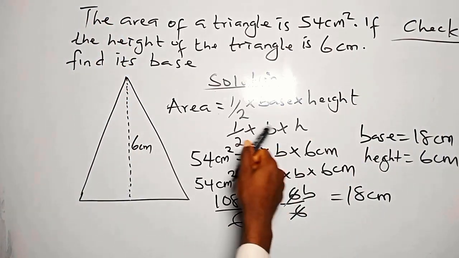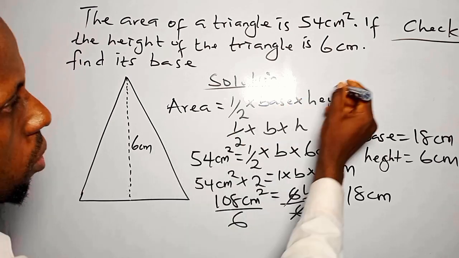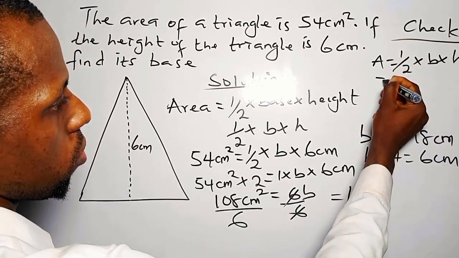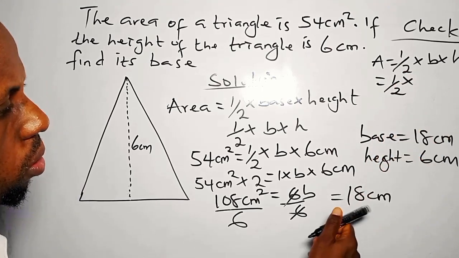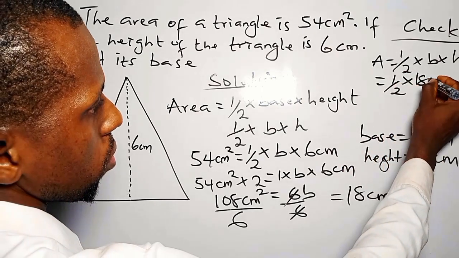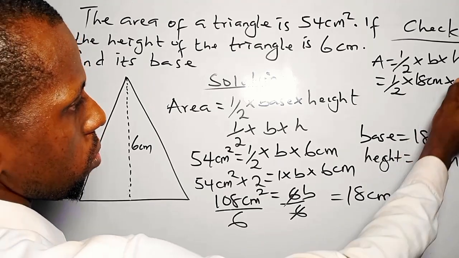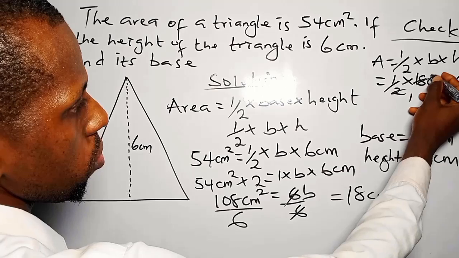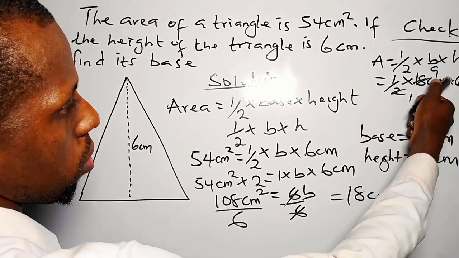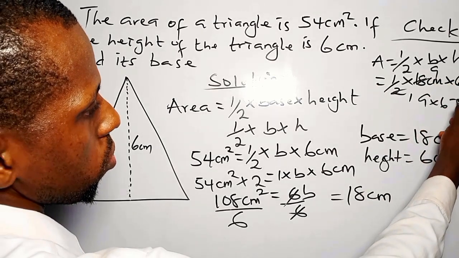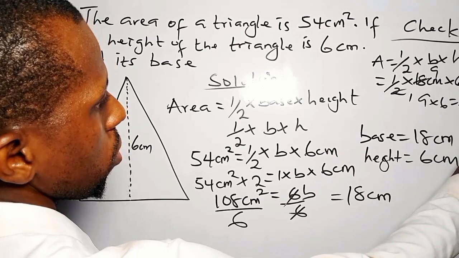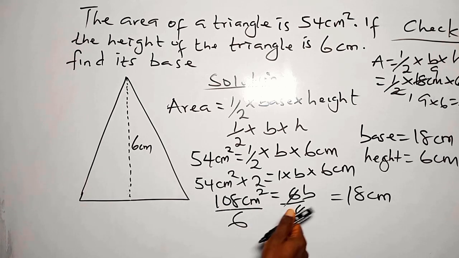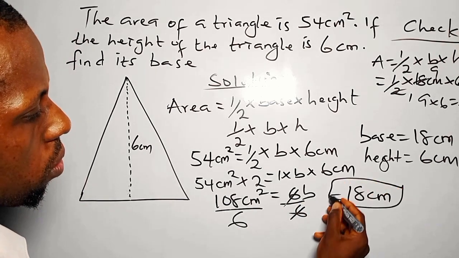Area equals half times base times height, so 1/2 times 18 centimeters times 6 centimeters. When we simplify, 2 becomes 1 and 18 becomes 9. So 1 times 9 times 6 is 54 centimeters squared, which is the area of the triangle in the question. So our base is 18 centimeters.